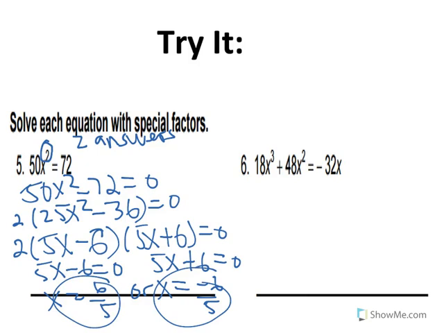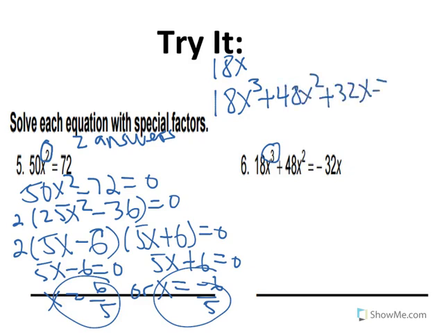Right? So for number 6, there's a 3 here, so that means that we need 3 answers. Right, so let's move everything to one side of the equation first. So we have 18x cubed plus 48x squared plus 32x equal to 0.